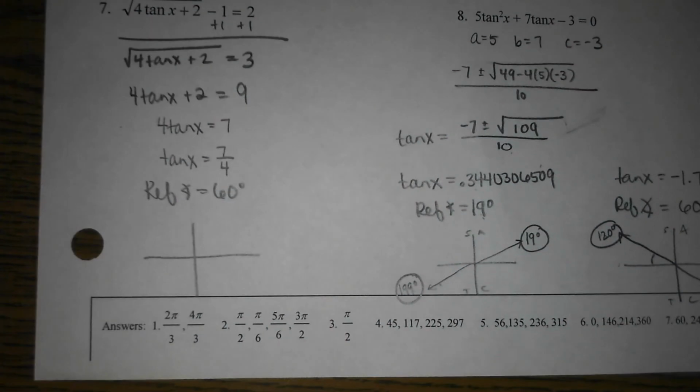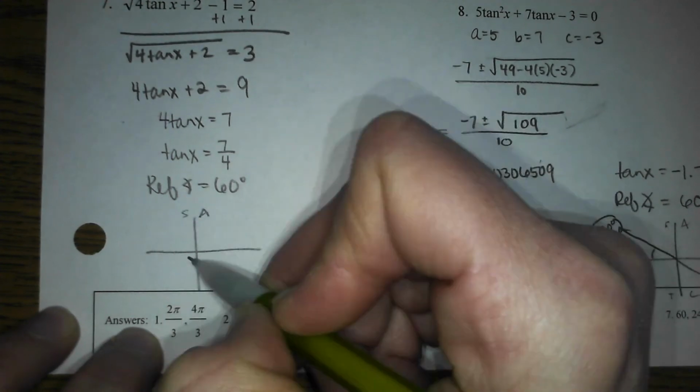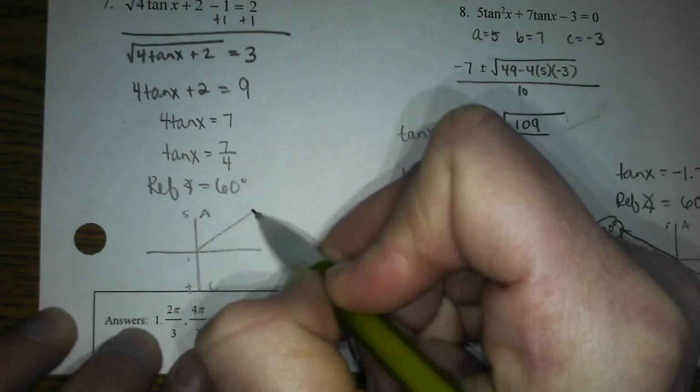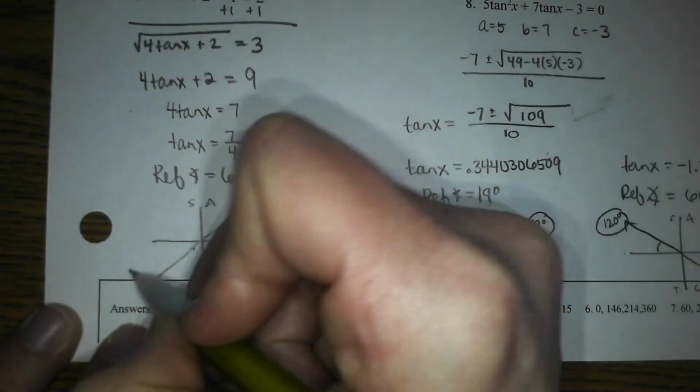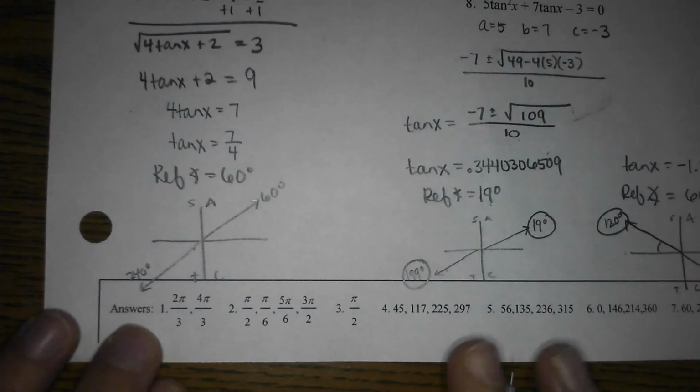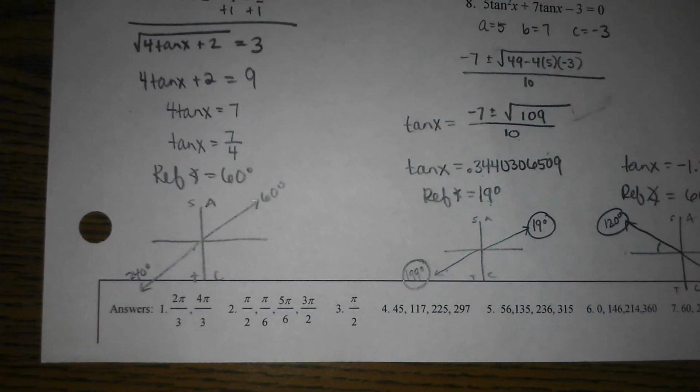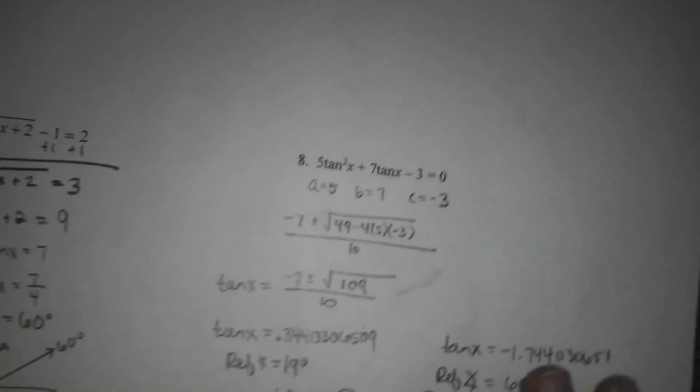And then I have to find the 2 appropriate angles for the 2 appropriate quadrants where tangent is positive. Yes? First and third. So 60 degrees and 240. We got it? It's coming to you. All right, good. Just in the nick of time.